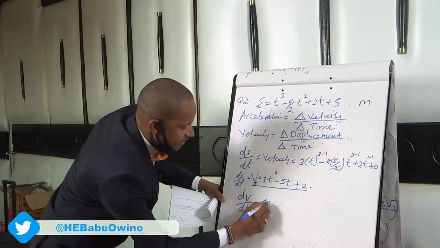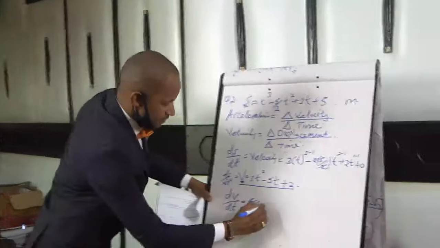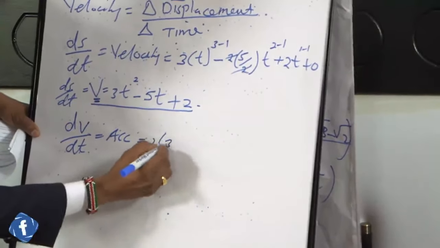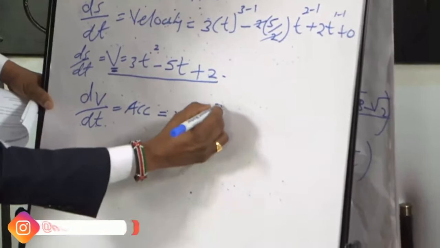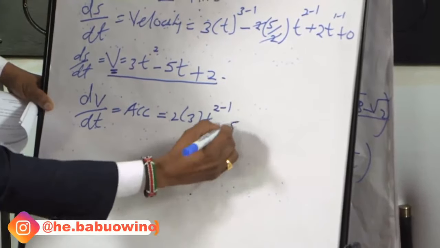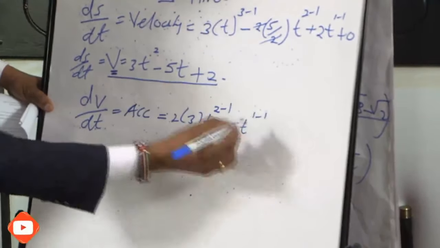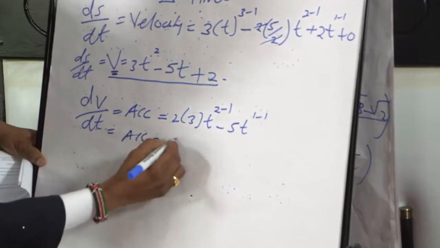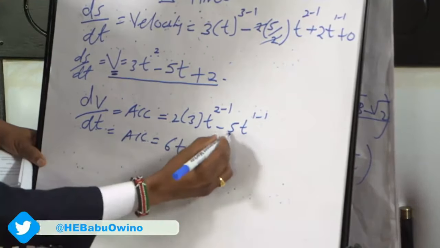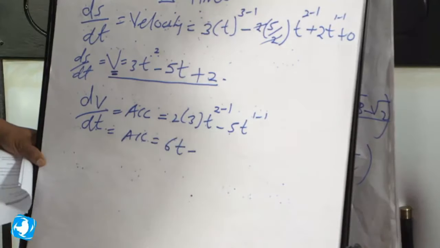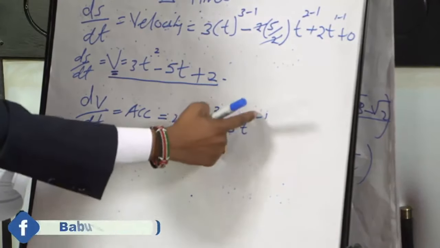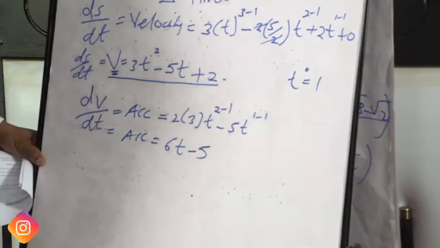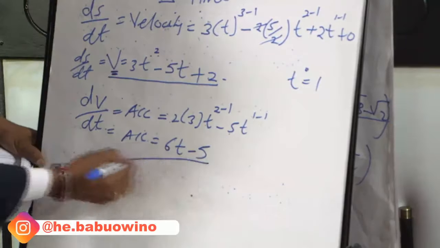So this gives us the acceleration: you bring 2 down, multiply by 3, t to the power 2 minus 1, minus 5 into t to the power 1 minus 1. So our acceleration equals 6t minus 5, because t to the power 0 is 1. So this is our acceleration.